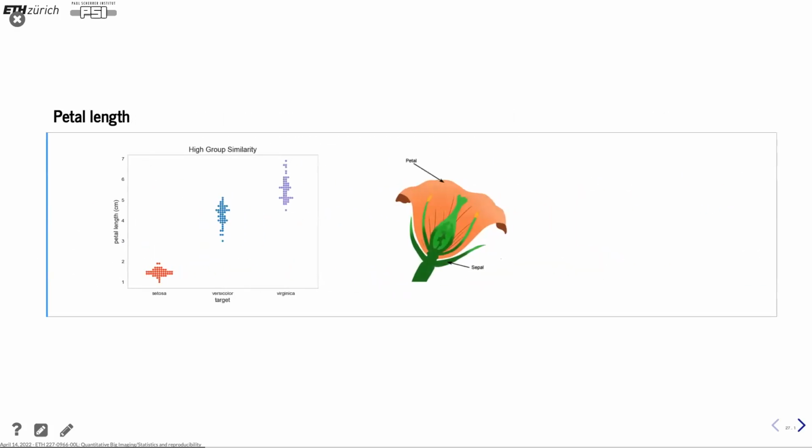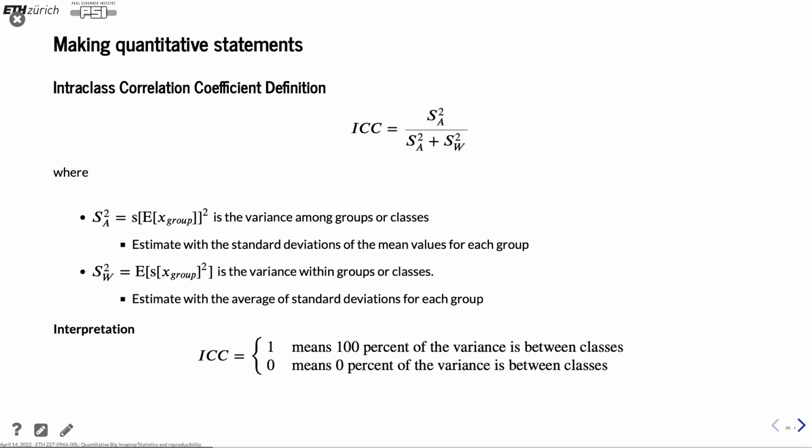If we look at petals, that's the beautiful leaves in the flower, they are very different between the different species. And you can see that each are nicely grouped and well separated. So here we have high group similarity. And this can be also quantified.